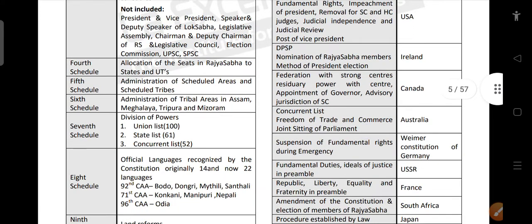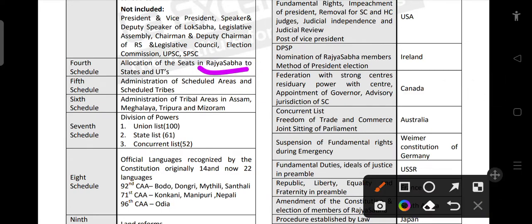And the next schedule, the fourth, is the allocation of seats in Rajya Sabha to states and union territories. The fifth schedule talks about the administration of scheduled areas and scheduled tribes. The sixth schedule talks about the administration of tribal areas in ATMM, that is Assam, Tripura, Meghalaya and Mizoram.